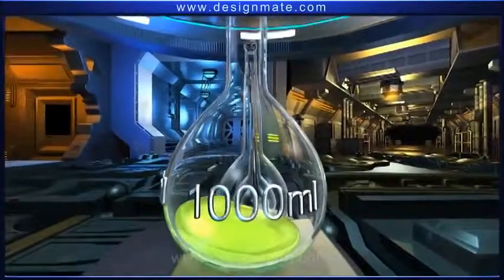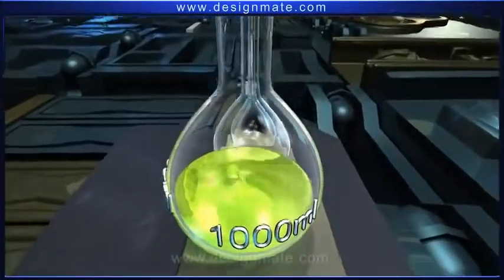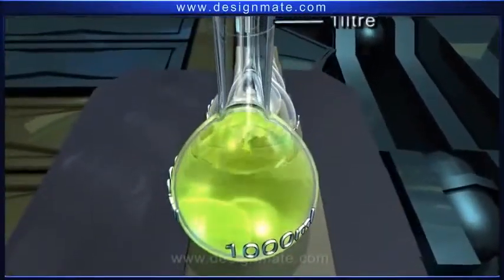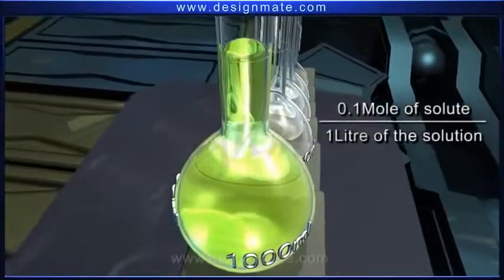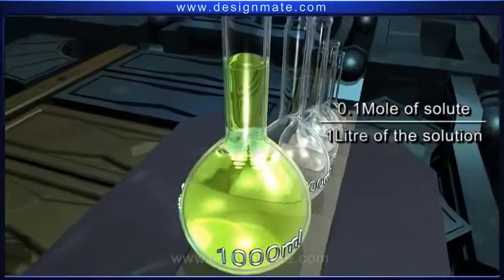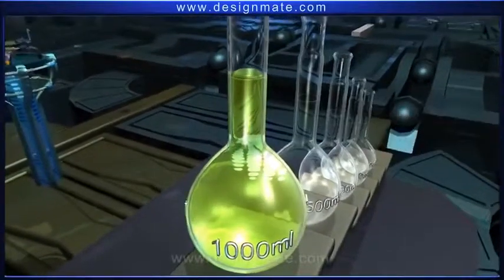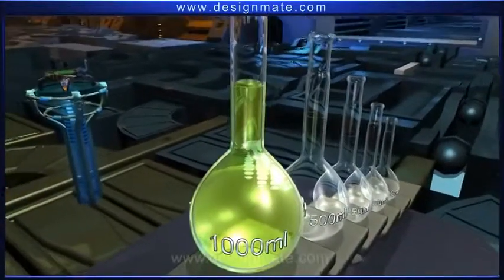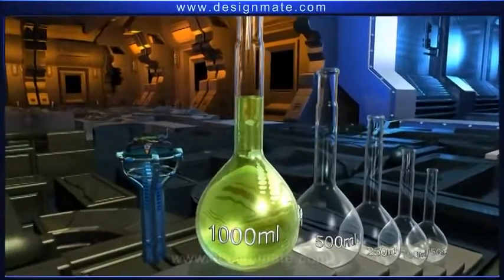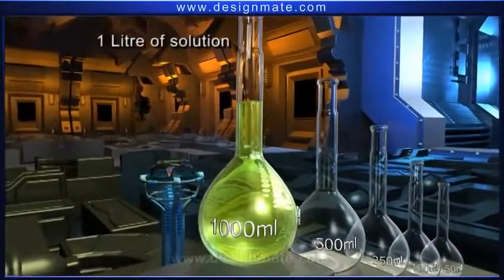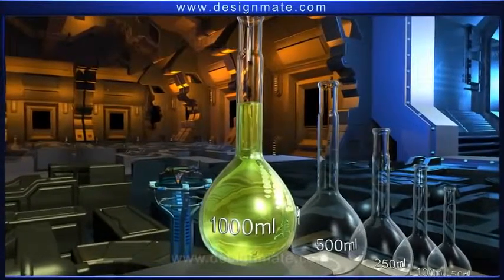Then fill the remaining flask with distilled water exactly to the 1 liter mark. The solution now contains 0.1 moles of NiCl2 dissolved in 1 liter of the solution. Thus, the prepared solution is 0.1 molar nickel chloride solution. Remember here that the solute is dissolved in 1 liter of solution and not in 1 liter of solvent.